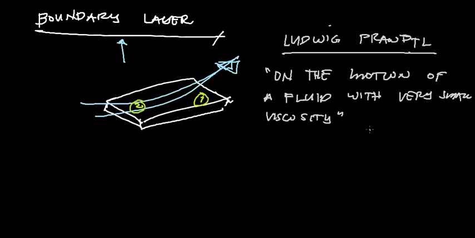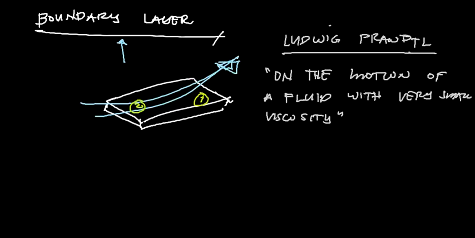Okay, so it actually began here in his paper On the Motion of a Fluid with Very Small Viscosity, which he presented at, I think, the Third International Congress of Mathematics in August 1904.